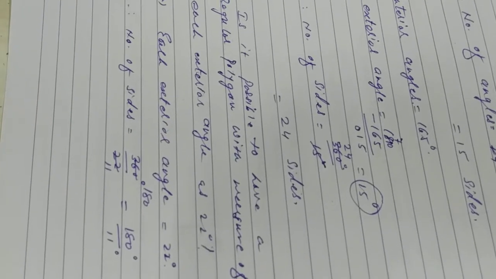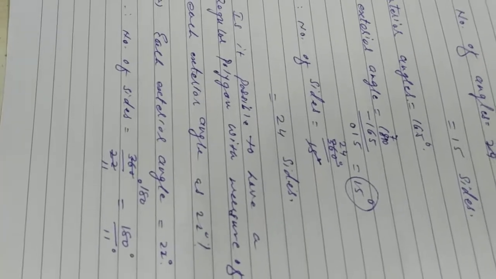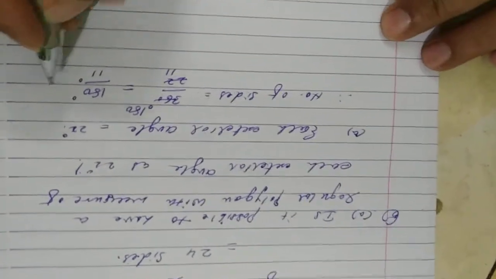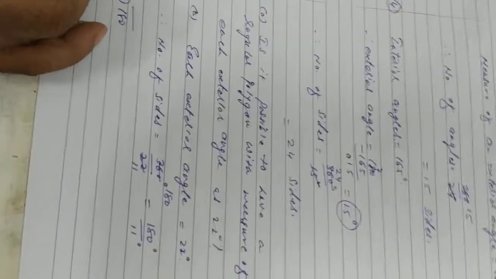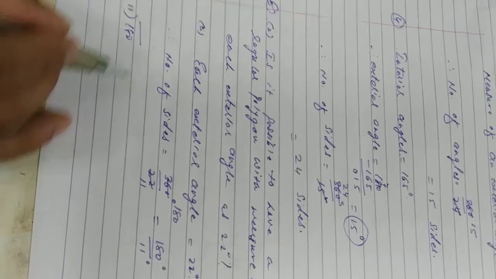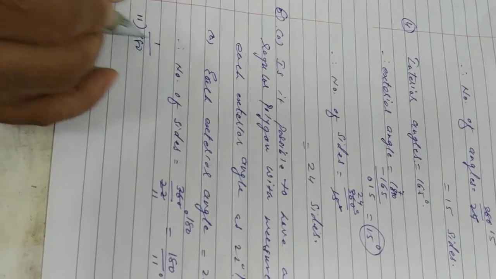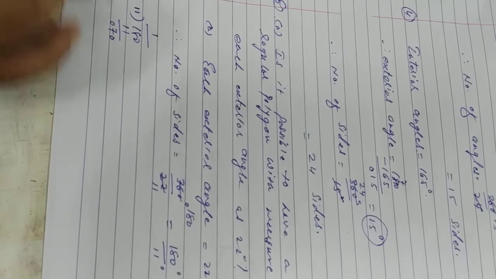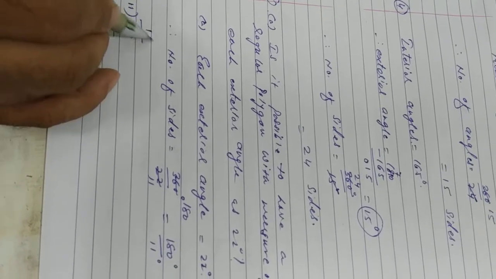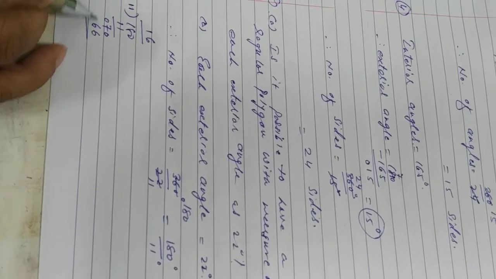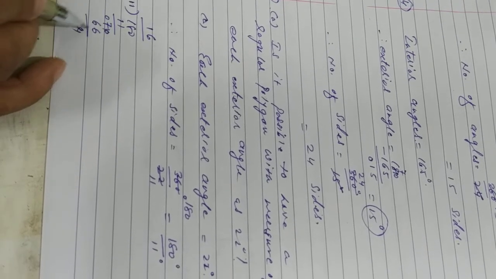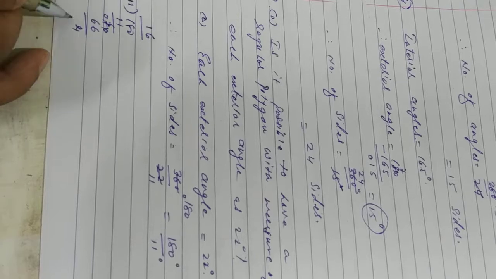The number of sides of a regular polygon must be a whole number, but 180 divided by 11 gives 70 minus 66, so 4 remains.